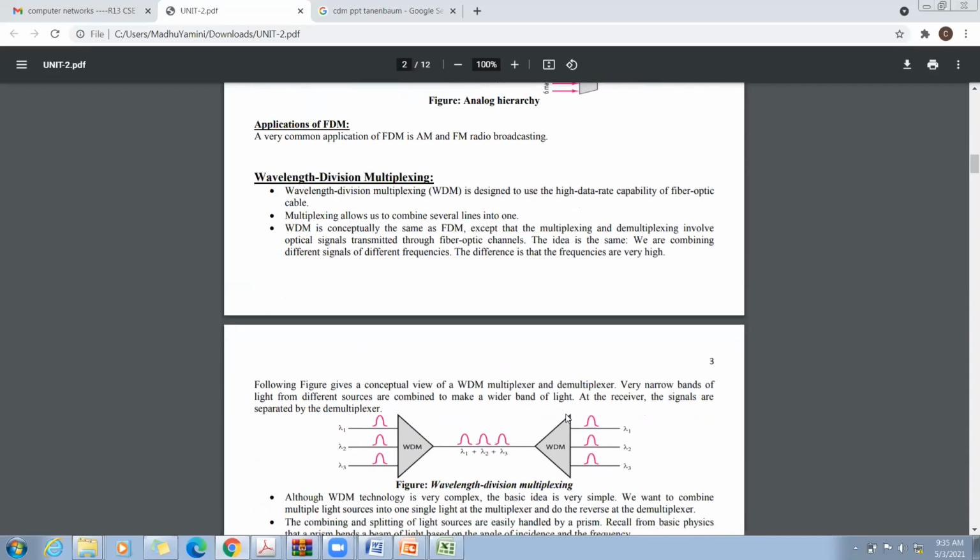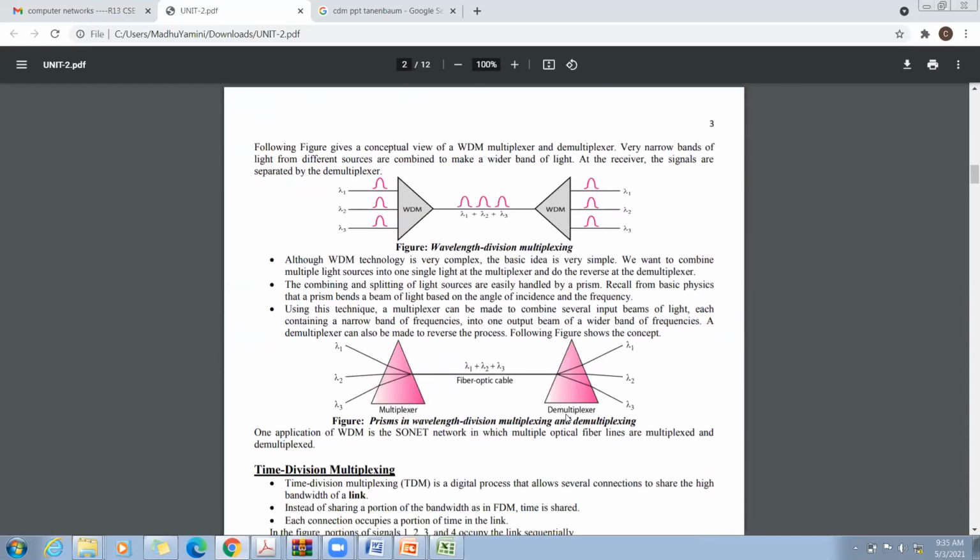After that, we discussed wavelength division multiplexing. Wavelength division multiplexing is used for high data rates. Here we have seen three different inputs: lambda 1, lambda 2, and lambda 3. These three are combined, lambda 1 plus lambda 2 plus lambda 3.